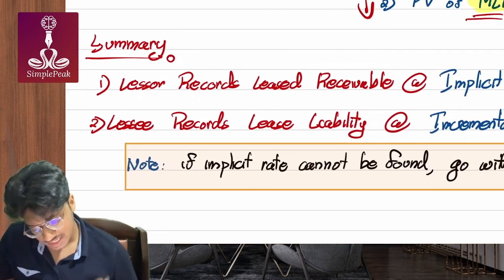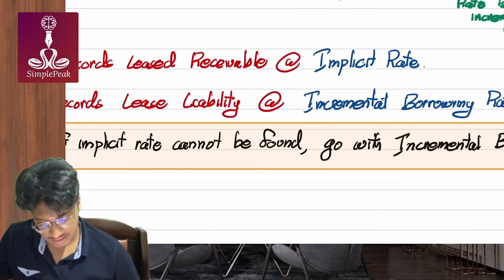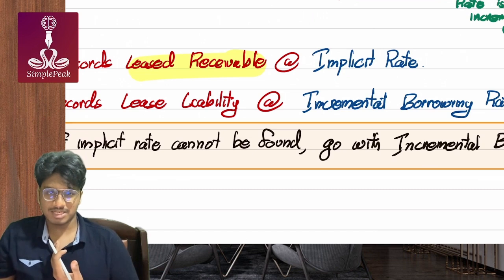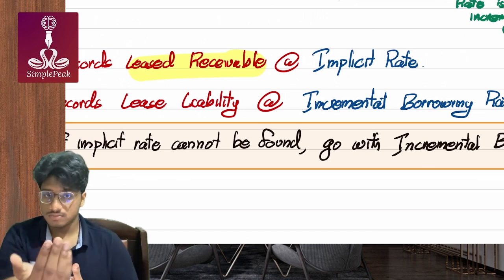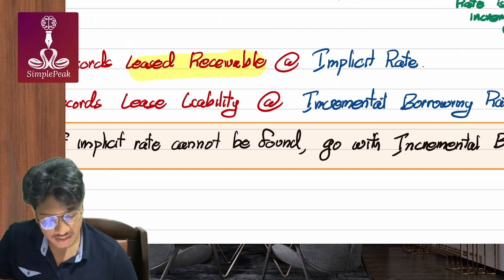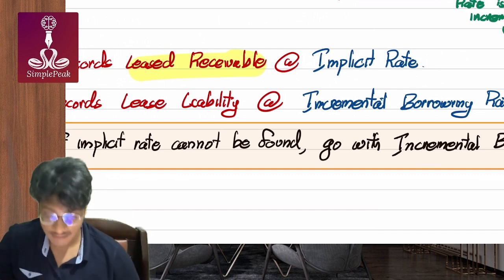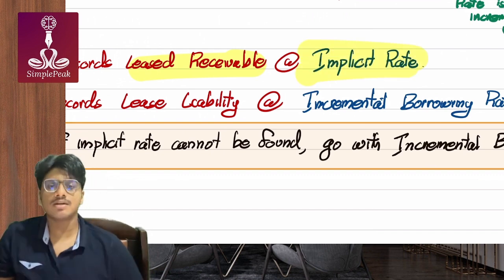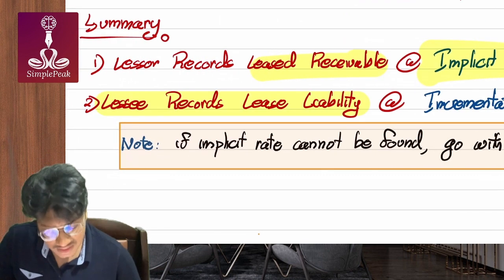Okay. So in summary, the lessor records the lease receivable. See, the lessor's perspective is what? He gave the asset. He's going to get the payment. So he'll be getting the payment, and that lessor will be recording the lease receivable, the present value, at the implicit rate. Okay. So the lessee records the lease liability.